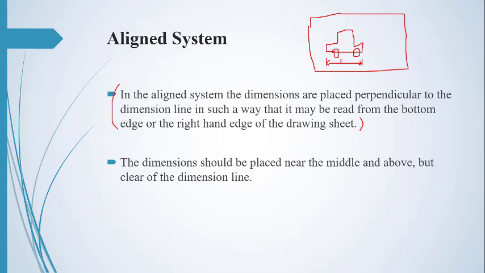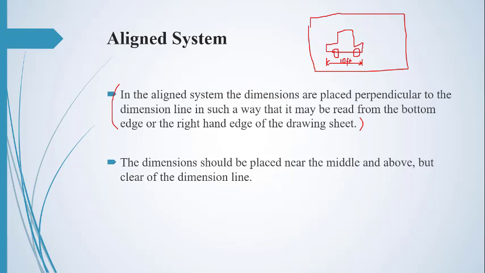For example, we will consider it is 10 feet in length. So writing the dimension in such a position, that is 10 feet, upper on the dimension line, is known as an aligned system.